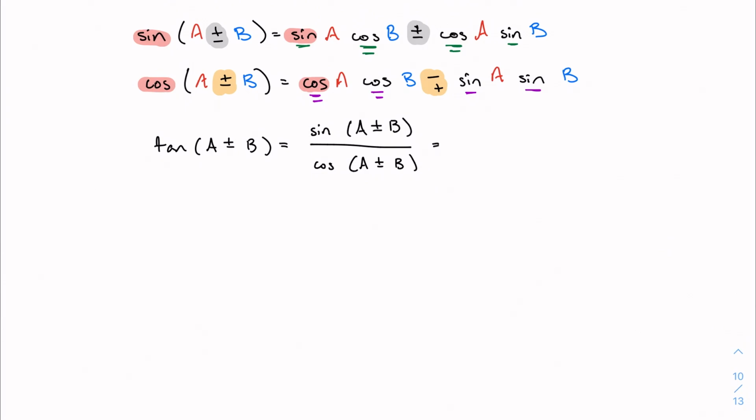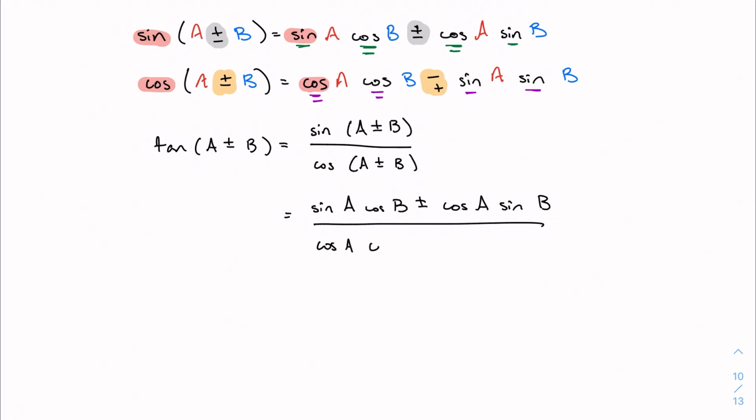I'm going to move this down because I need some room. This would be sine A cosine B plus or minus cosine A sine B. And then cosine is going to be cosine A cosine B minus or plus, it flips, sine A sine B.